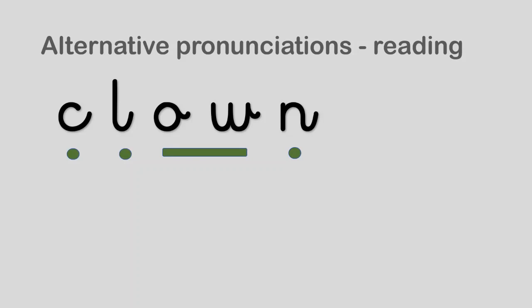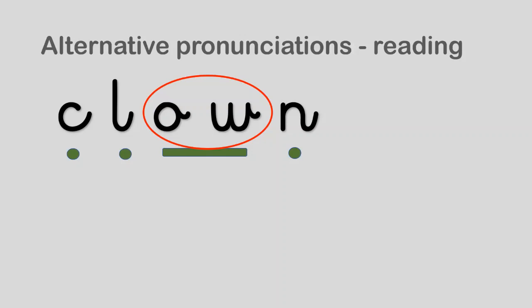If there's a picture of a man in big trousers and a red ball on his nose, and I read clone, I'm probably not going to be very happy with my reading of it. In which case, I need to come back and have another go at this. So I'm now going to have a try with the other way I know of reading this digraph. Ow, clown. I'm much happier with clown if I've got the picture of the man with the big trousers.